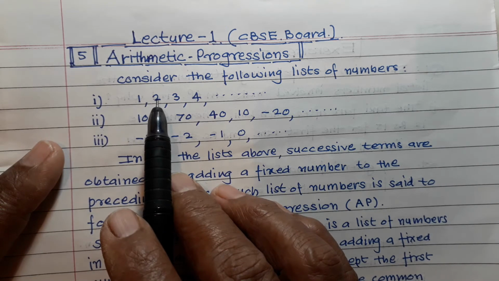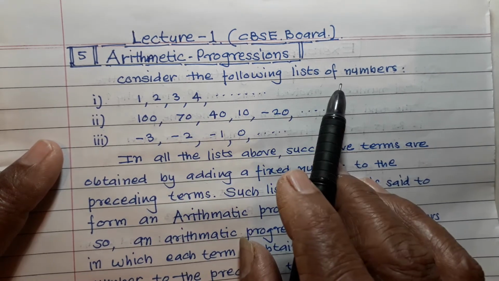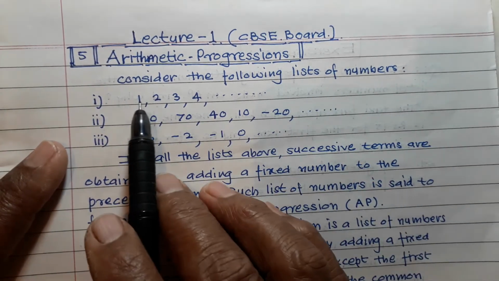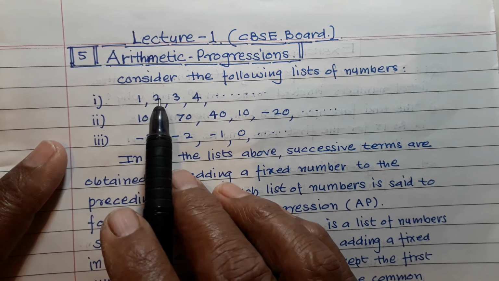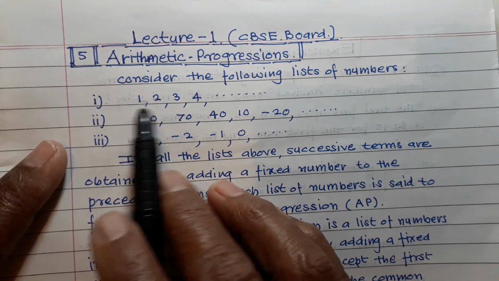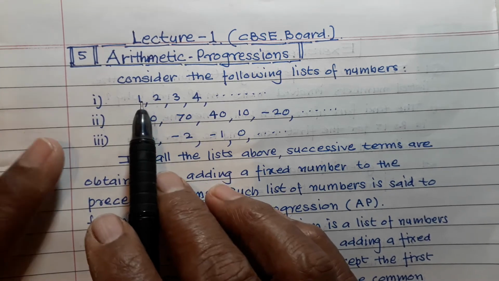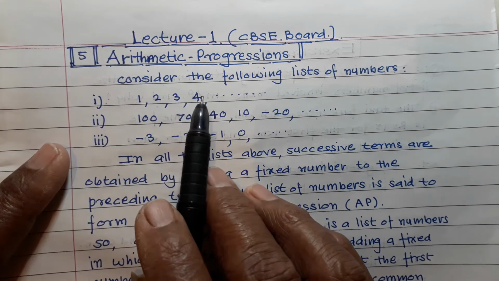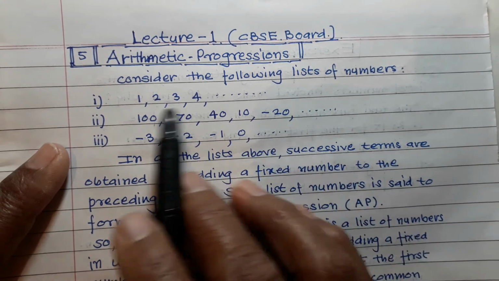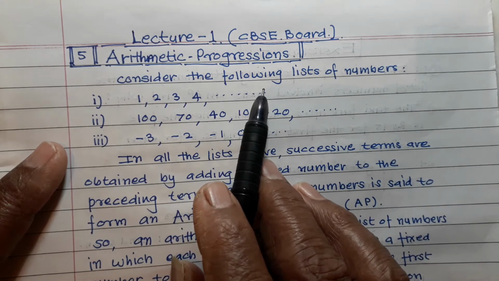This is the second term, A2, A3, A4, like this. And the common difference D is A2 minus A1, that is the difference between two consecutive terms, that is called the common difference. Okay, if this common difference is the same everywhere, then this list of numbers forms an AP.